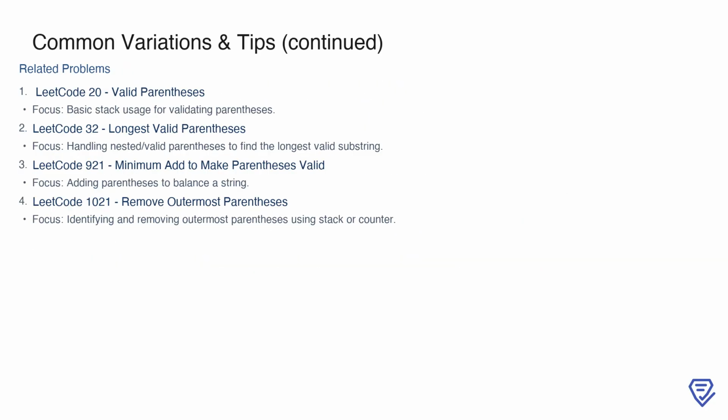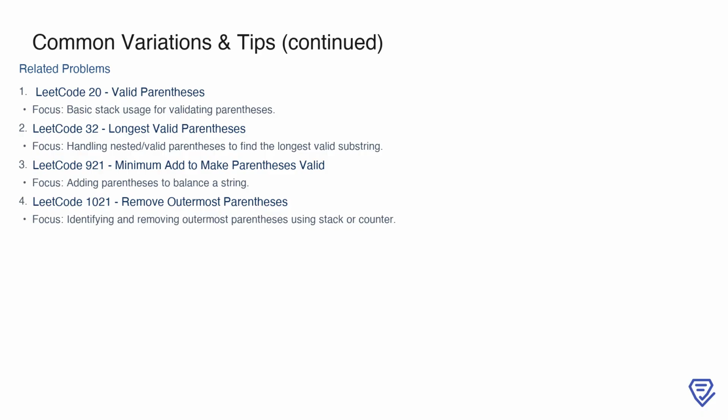This problem also ties into several related problems on LeetCode that you might find helpful. For example, LeetCode 20, valid parentheses, focuses on basic stack usage for validating parentheses. LeetCode 32, longest valid parentheses, deals with finding the longest valid substring, which requires handling nested and valid parentheses.